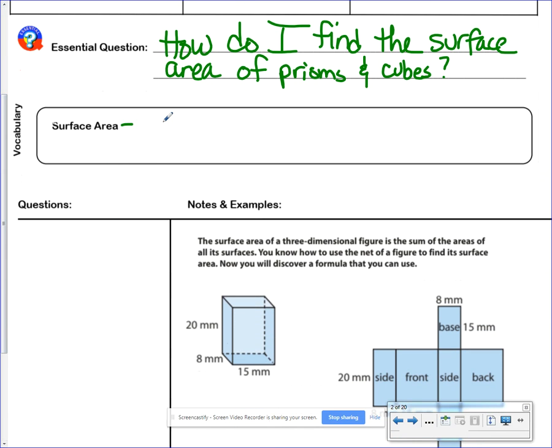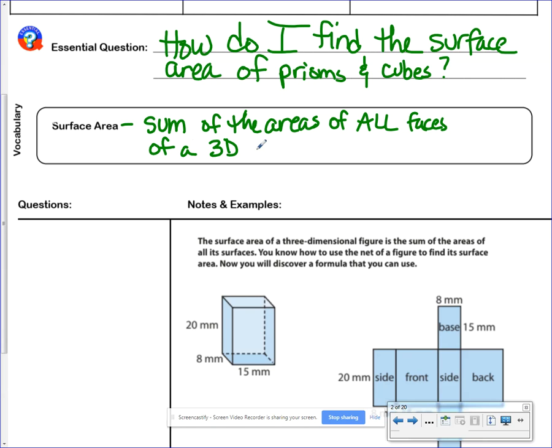What is surface area? Well, we have to get the sum or the total of the areas of all the faces of a three-dimensional object.